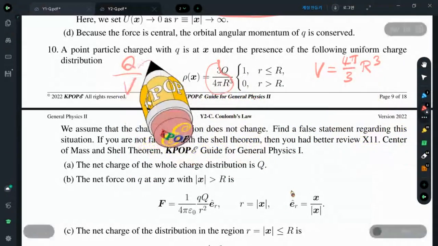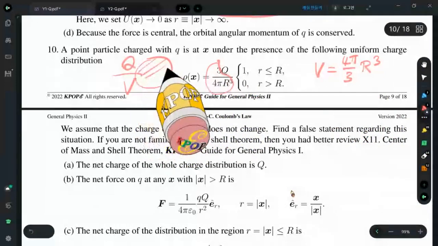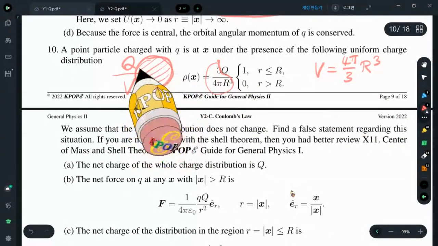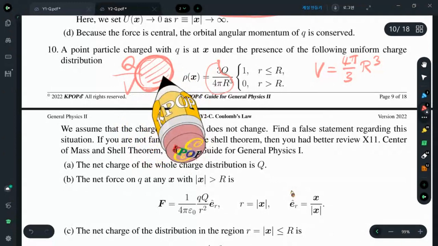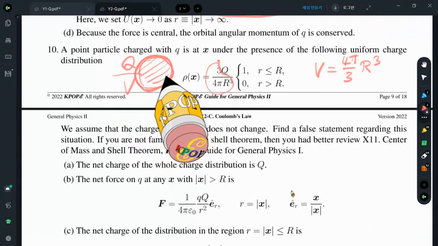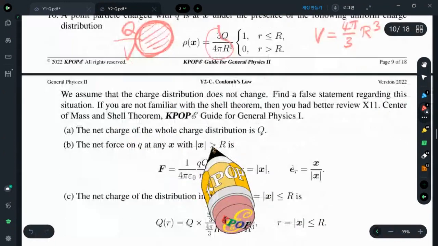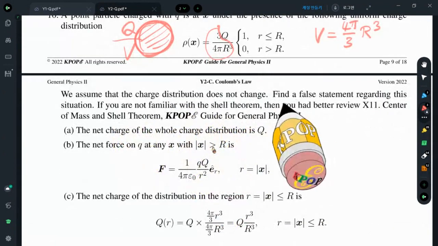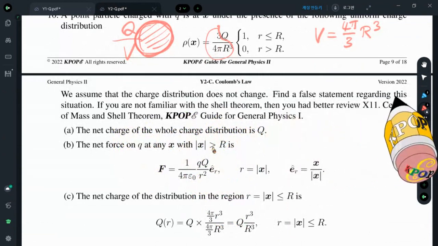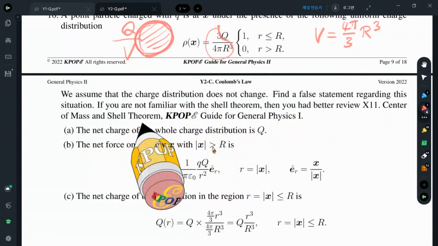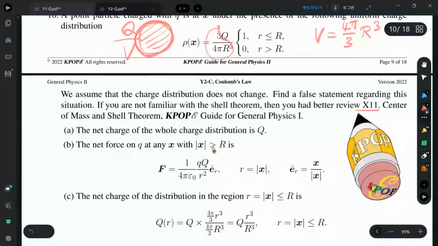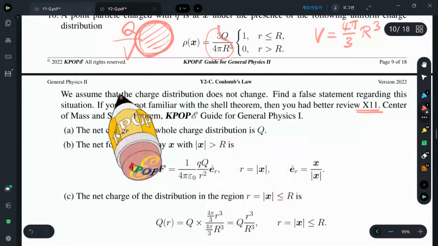So electric charge Q is uniformly distributed over a filled sphere. That means we can apply the shell theorem. We assume that the charge distribution does not change. Find the correct statement regarding this situation. If you are not familiar with the shell theorem, review X11 in KPOPE.